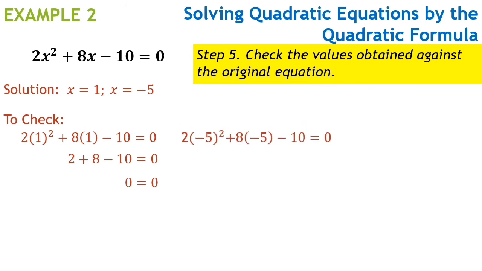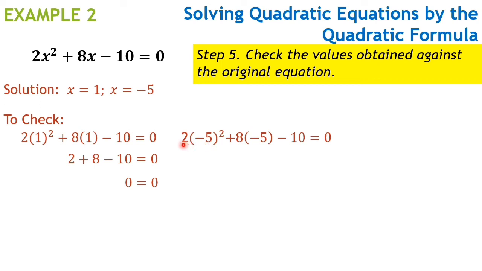Next value, x equals negative 5. Substituting negative 5 to the quadratic equation, we will have 2 times negative 5 squared plus 8 times negative 5 minus 10 is equal to 0. Remember, when you multiply negative 5 by negative 5, that is positive 25.